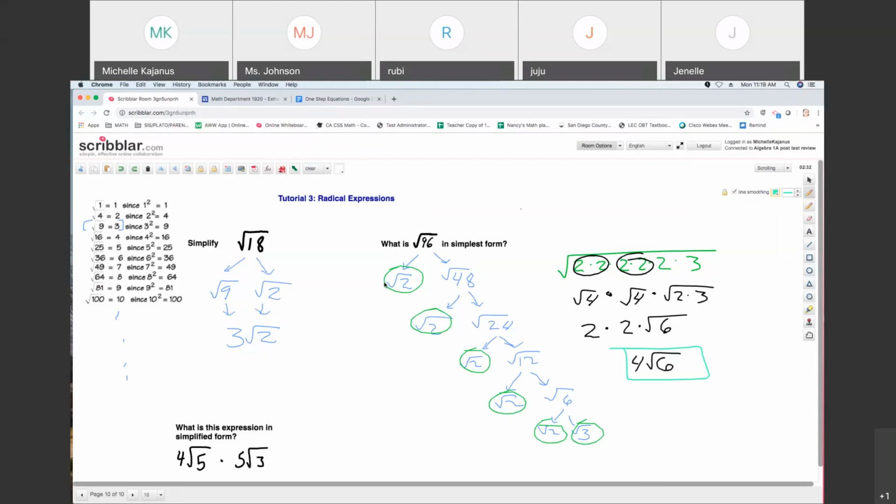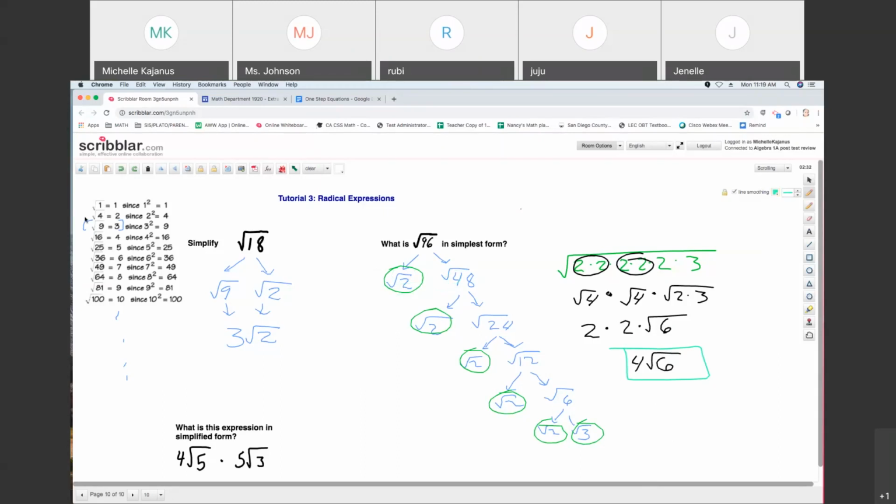Now, could you have actually come up with two numbers from the beginning that have a perfect square root and make it easier so you don't have to do all the steps? Probably. There's more than one way to do this. If you're really blanking out and you're like, I don't know, I'm just going to divide everything by 2 and do it this way, it works every time.